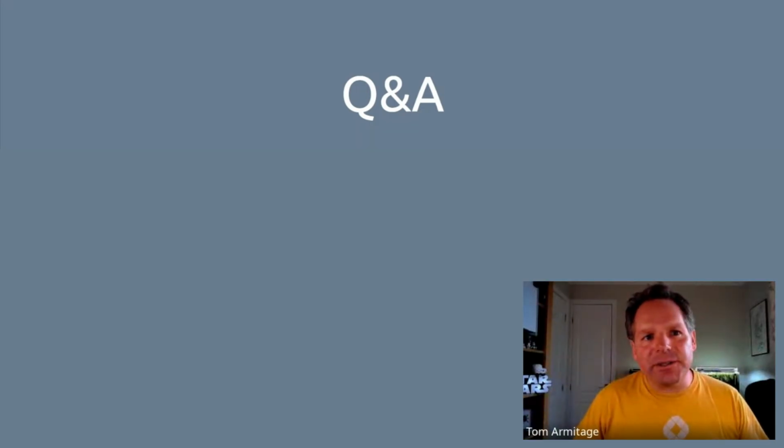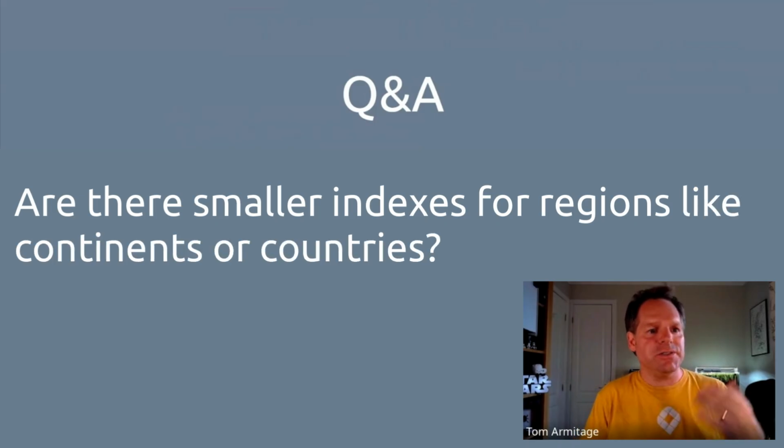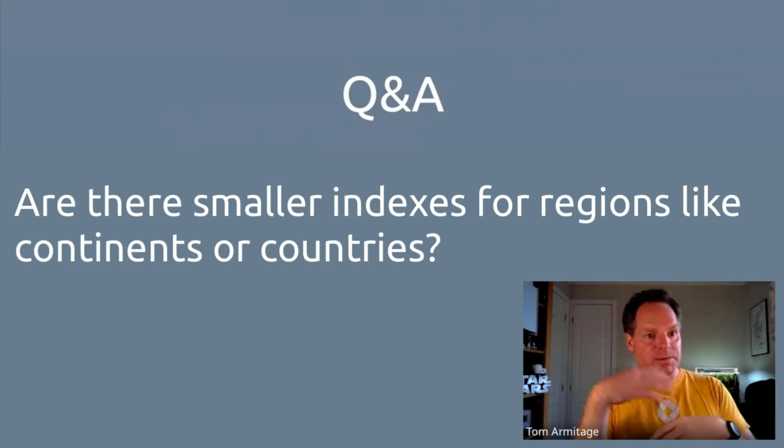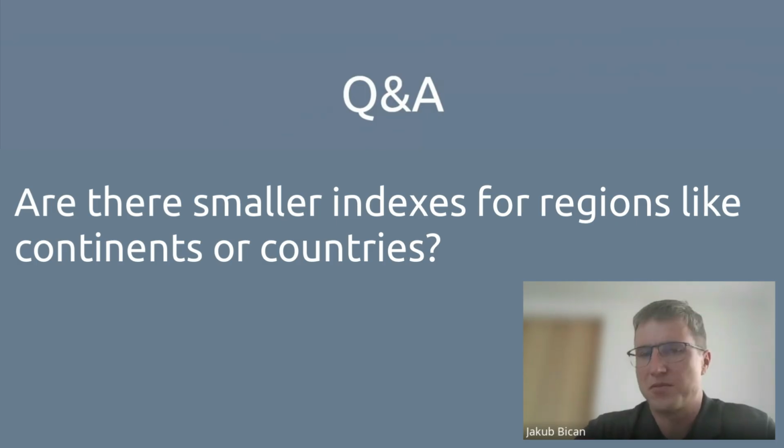And as a follow-up to that, are there smaller indexes available for regions like continents and countries? You've mentioned that the sample that we build for the free test is just Zurich. Is that available for other places as well? Yeah, 100 gigabytes. You can download it. It's not magically big today, but of course, if you would like to deploy it to some application or to some edge device with limited resources, it may be too big.